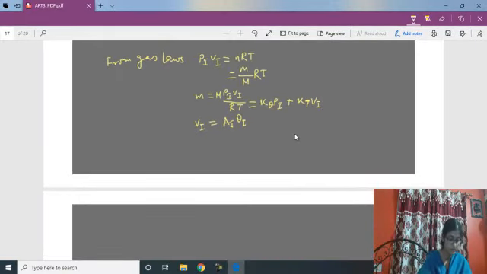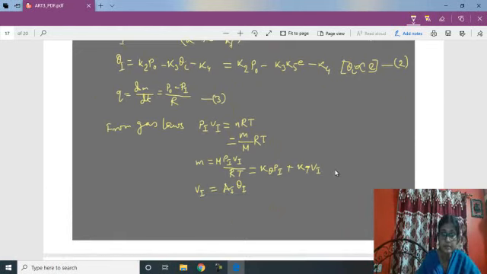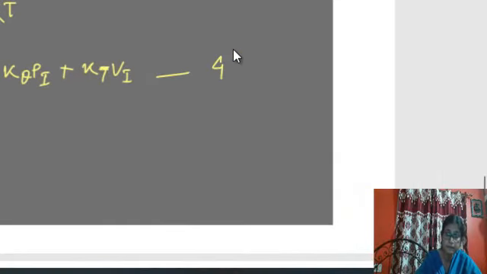So now see, this is our equation number 3, and this is the expression for small m. This is our equation number 4.